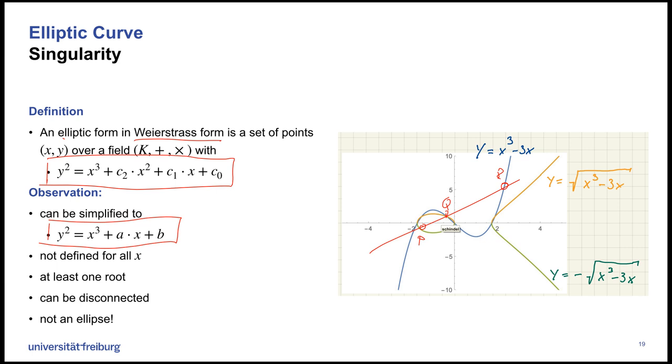However, we don't use it for real numbers. We will do this in a finite field, where we don't have these nice pictures anymore. But in order to understand how it works in a finite field, we have to understand how it works with real numbers.